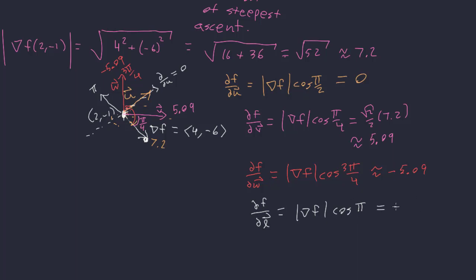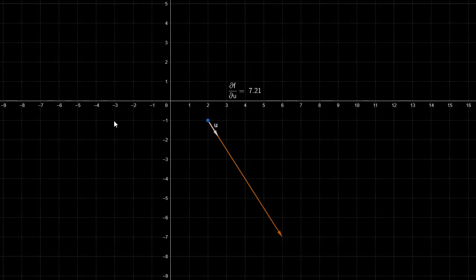Well, cosine pi is -1, so that's going to be negative 7.2, which makes sense. If it's positive 7.2 in this direction, it will be negative 7.2 if you go the opposite way. You'll be going downhill in this direction, and then it will sweep back up.